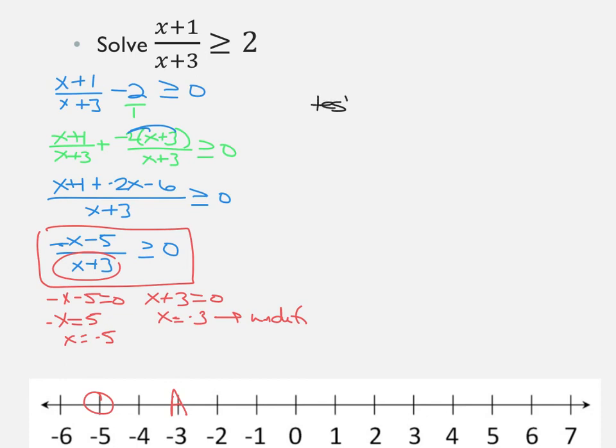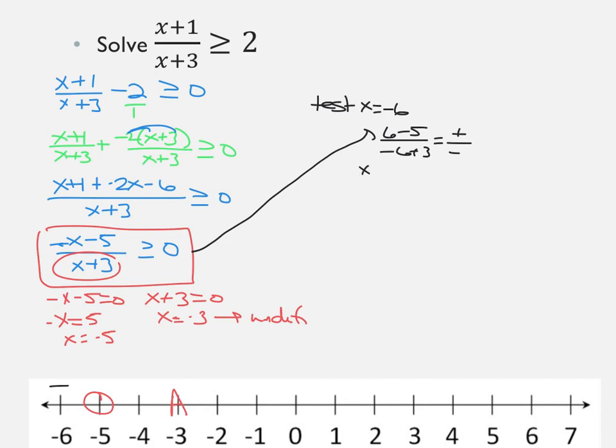Let's test x equals negative 6. Now, it's important to remember we have to use our inequality that has 0 on one side. Do not use the original in this case. Okay, so we'll have 6 minus 5 over negative 6 plus 3. So we'll have a positive over a negative, which is a negative.